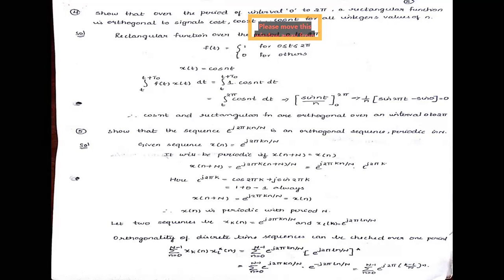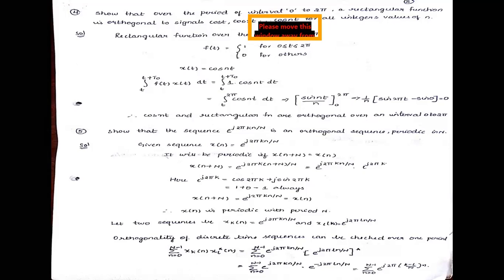But how many terms do you have to get? Only N. After expanding the summation, it starts from 0 up to N minus 1, which means totally N terms.